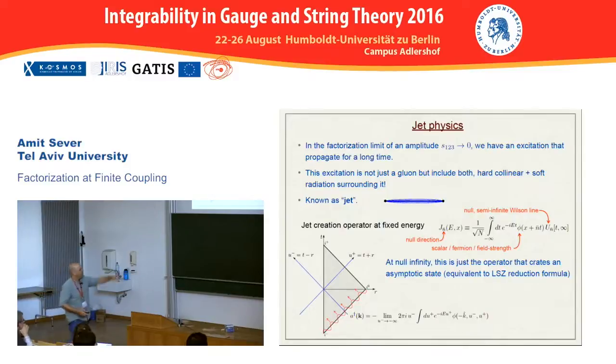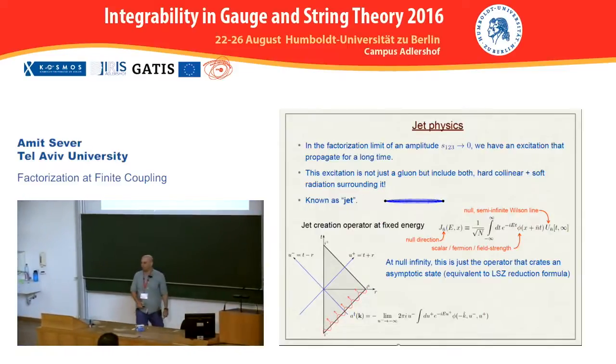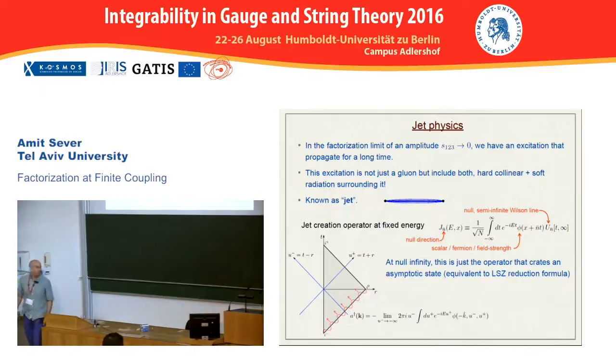So this formula for the creation operator here is equivalent to the LSZ reduction formula. It's easy to prove. And so the jet function is just this creation operator being conformally transformed to some finite point in space-time.